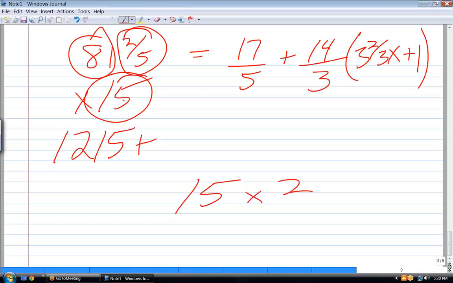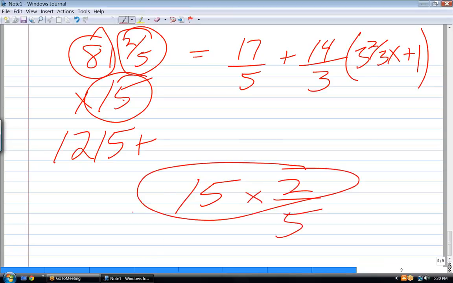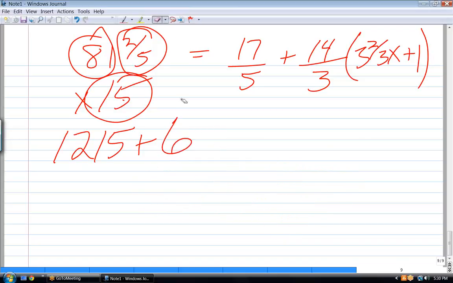Multiply those. Six. Okay. So that's the left side, is that number. Now I still got to multiply everything by 15 on the right. So what's 15 times this?